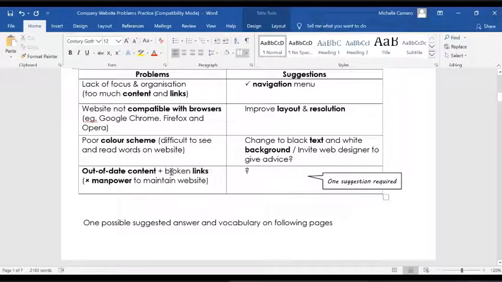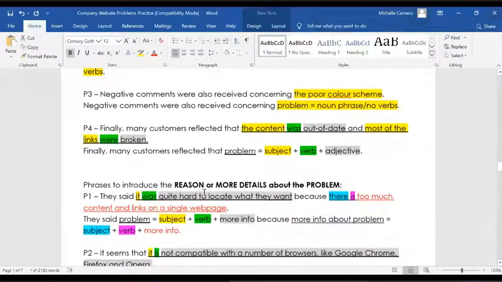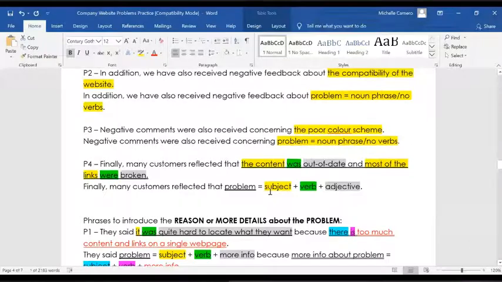So we've got broken as our adjective, links as our noun, but when they put it in this sentence form down here, they make it noun or our subject, verb, so you have to add the verb, and then the adjective, broken, okay?